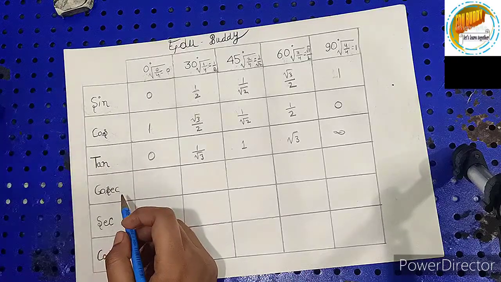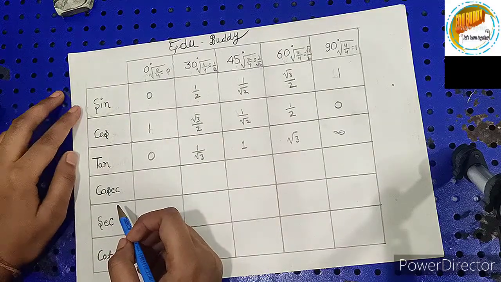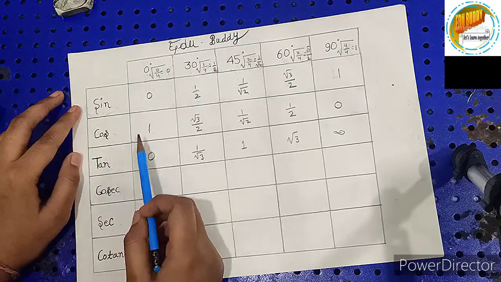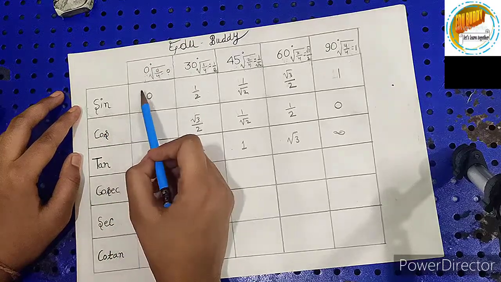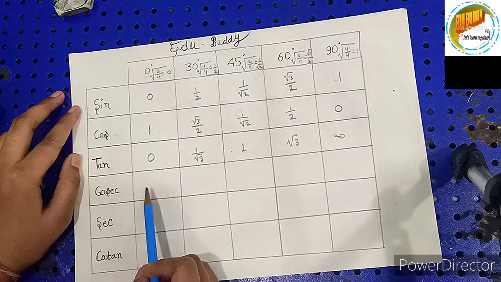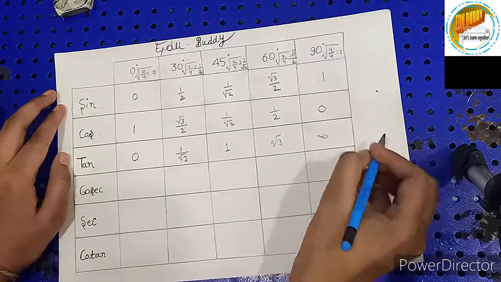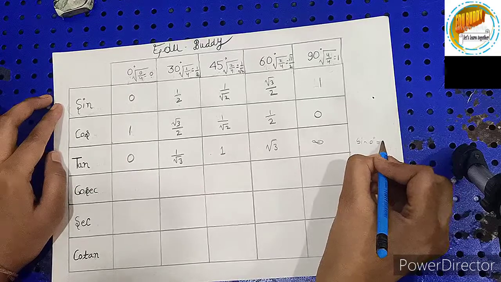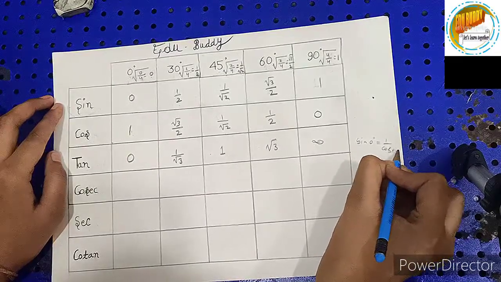Now the fourth trigonometric function, which is cosecant. The values of the cosecant function are the reverse of the sine functions. For example, sine 0 degree is equal to 1 by cosecant 0 degree.